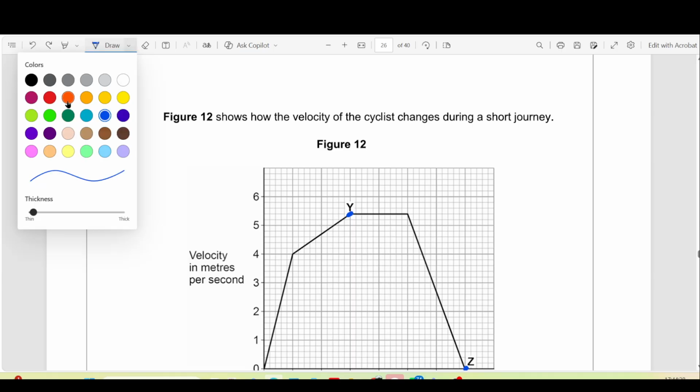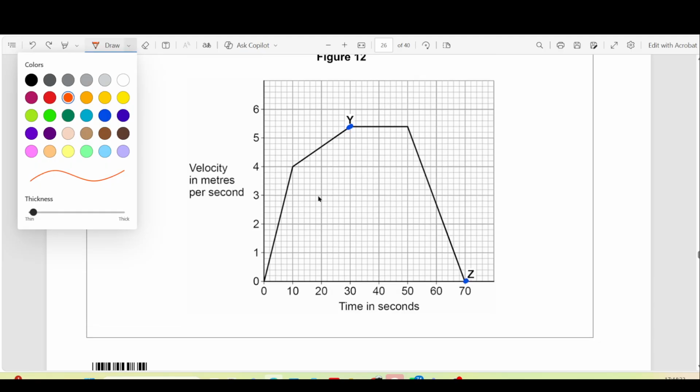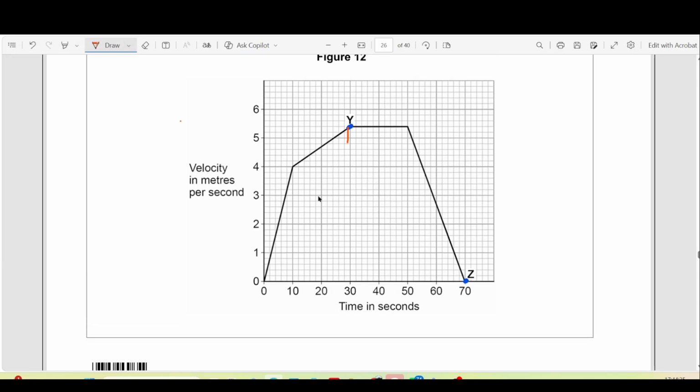Let me take a different color. Y is 30 seconds, Z is 70 seconds, so 70 minus 30 equals 40 seconds.